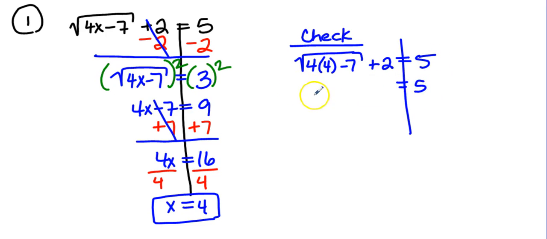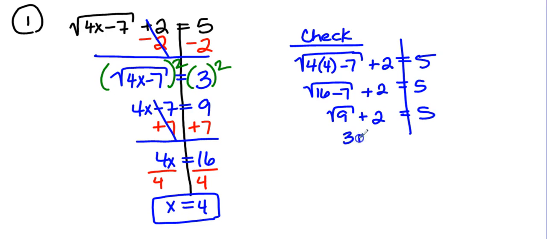The goal is, what will this simplify to be? So that's the square root of 16 minus 7 plus 2. 16 minus 7 is 9. So I got the square root of 9 plus 2 equals 5. 3 plus 2 is 5. 5 equals 5. Check. So this answer worked.